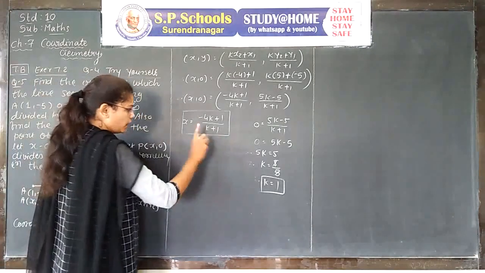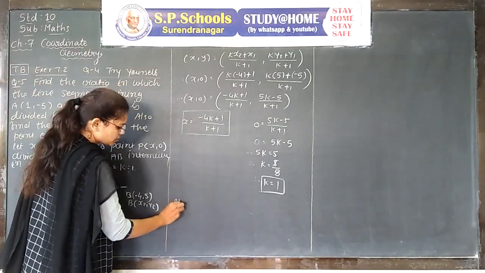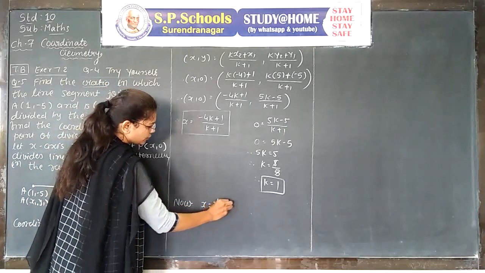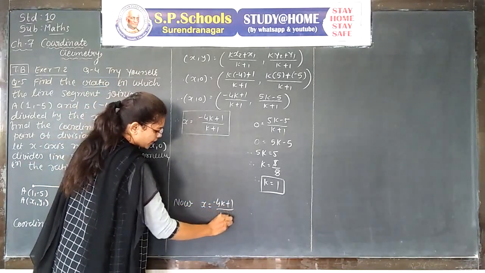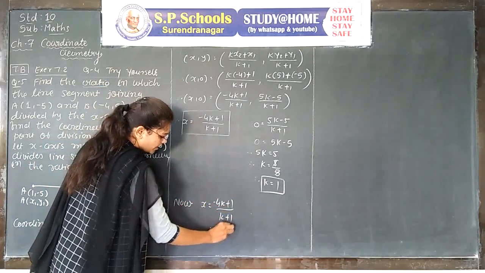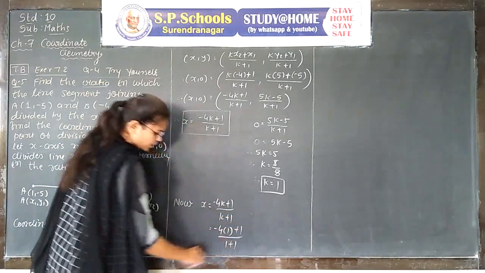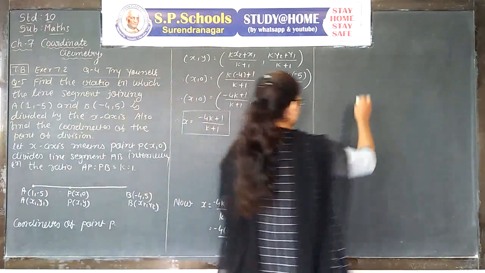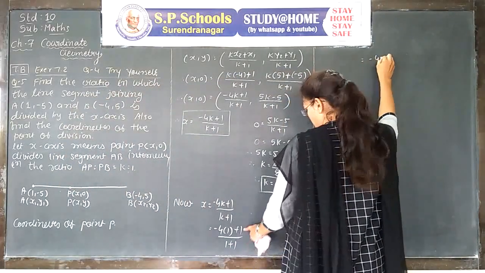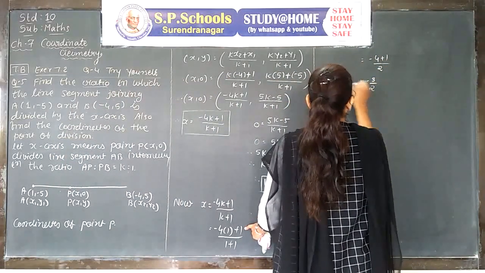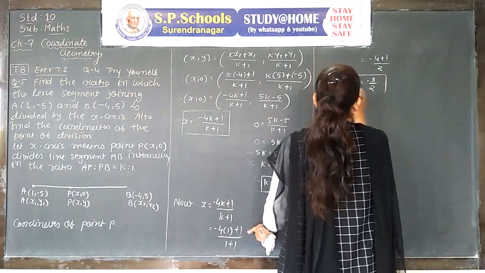Keep in mind. Now we substitute this value in x. x is equal to (-4k + 1)/(k + 1), which is -4 into 1 plus 1 upon 1 plus 1, that is (-4 + 1)/2 which is -3 upon 2. It is the value of x.